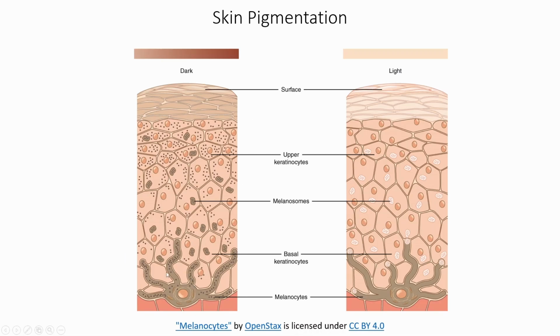It's because their melanocytes are doing a good job at producing all that melanin and distributing it throughout all of the layers of the skin. We notice the melanocytes are all just down at the stratum basale, but they're creating these little packages that can travel up through the layers to give pigment all the way through all the layers of the skin.